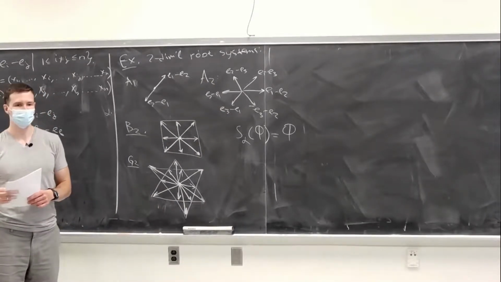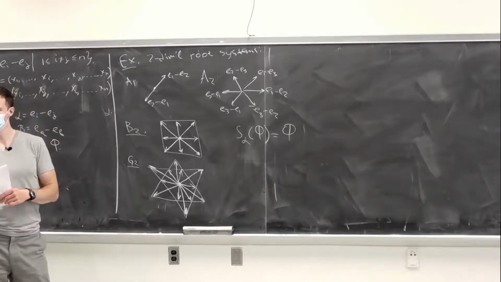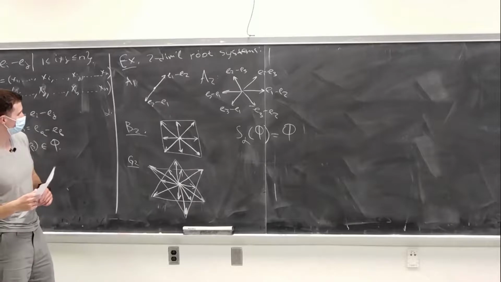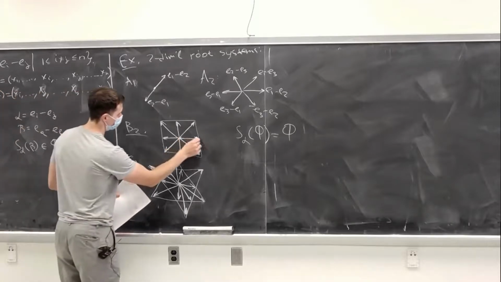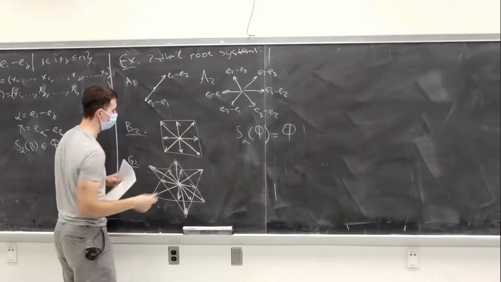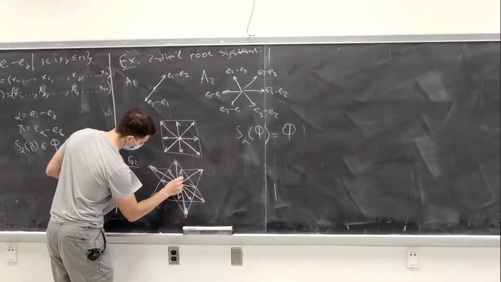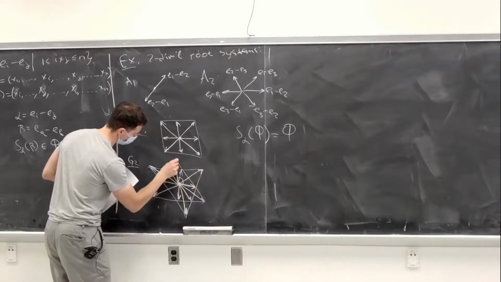Is it true or false? True. Okay. If I take any alpha and then take the orthogonal line, then the reflection preserves the whole root system. And similarly here, there is the right angle between this vector and this vector, for example.